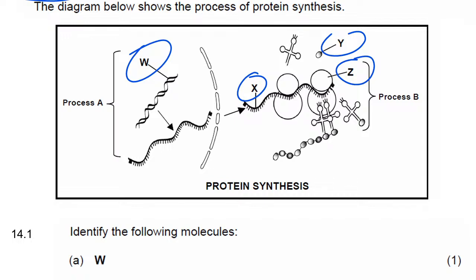Ribosome. What is this? Polypeptide chain. And then what is this? Transfer RNA. And what's the bond between different amino acids? Peptide bond.